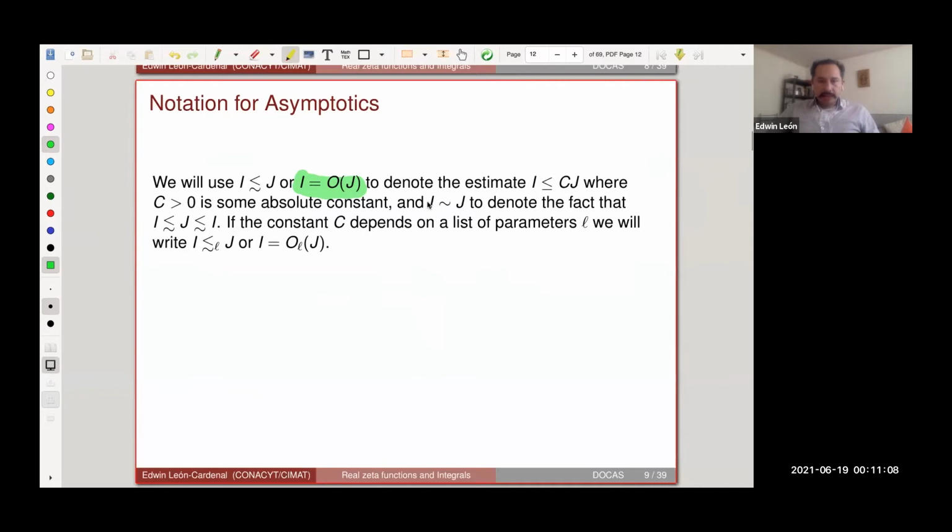And we will use this notation to denote the fact that these functions or family of functions appear as upper bounds and lower bounds. Sometimes, when there is a list of parameters, we will use this notation. Okay. So the idea is that we have something like right here.